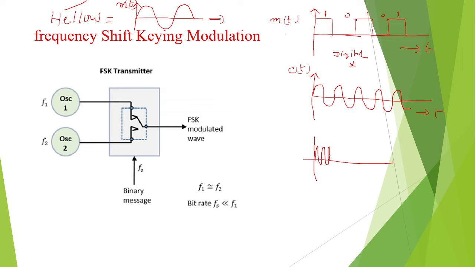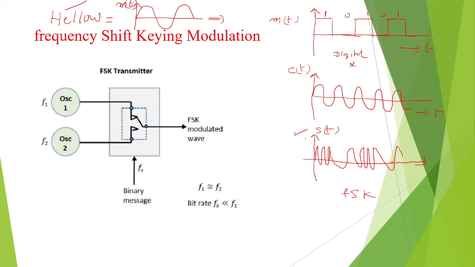For binary input 0, it is having low frequency. Again for binary input 1, high frequency, and binary input 0, low frequency. So like this is a modulated signal, FSK. Frequency is shifting according to the message signal.